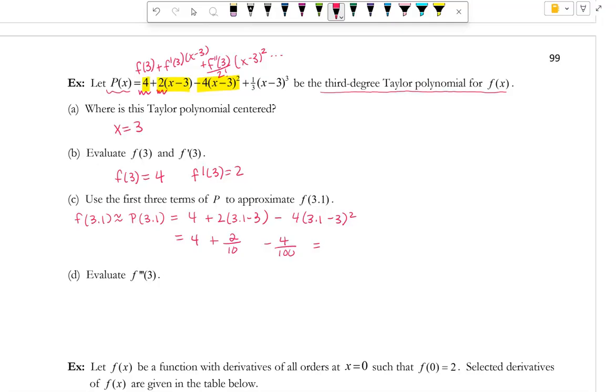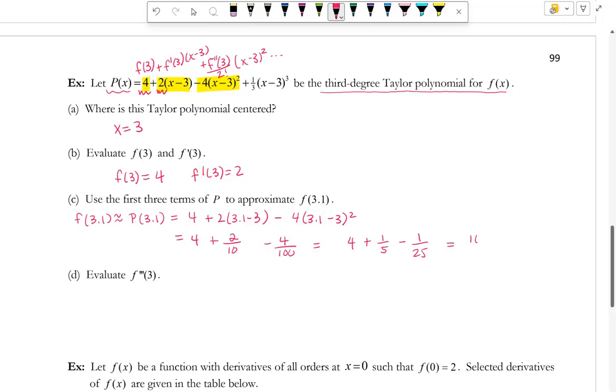All right, so I could actually reduce this first. I could think of this as 4 plus 1/5 minus 1/25, and I could get a GCF of 25.